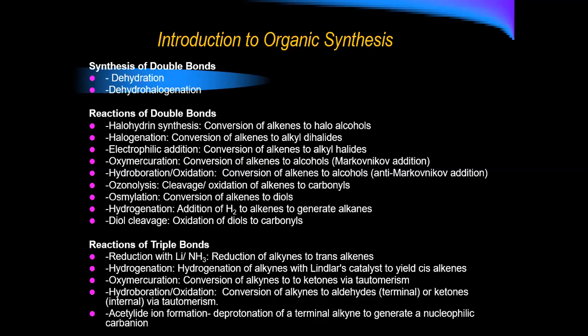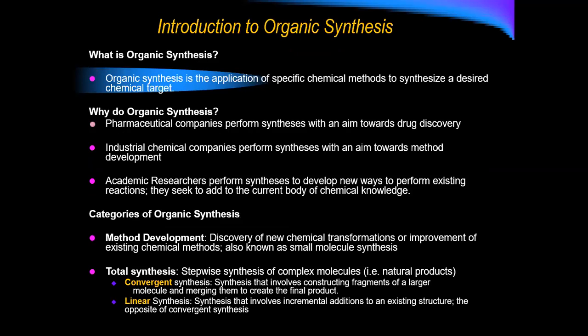All right, so we're going to talk about organic synthesis. What is synthesis? It's basically taking specific chemical reactions and using them to create or synthesize a target. The target molecule can be anything. The reason this is important is because there are very few products on the market, bioactive or pharmaceutical products, that are not synthesized.